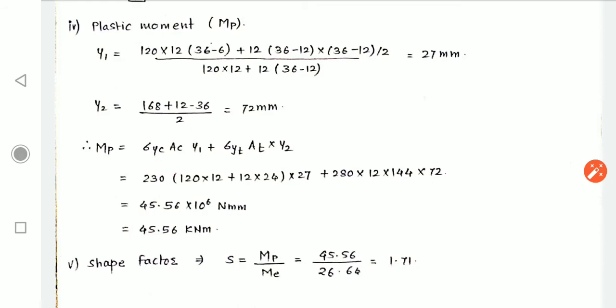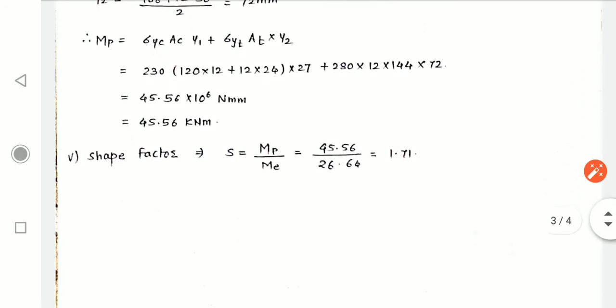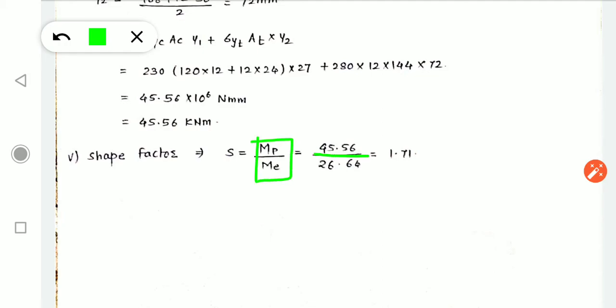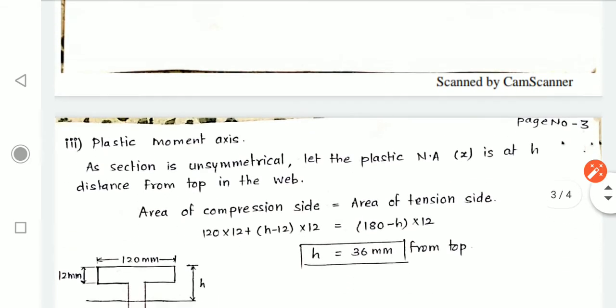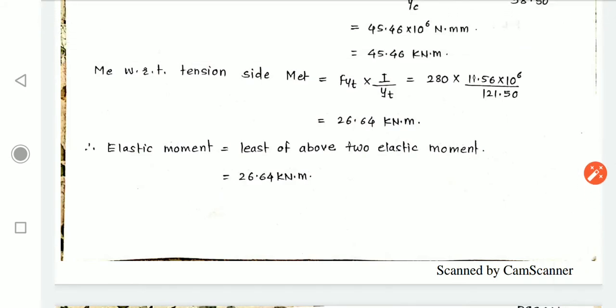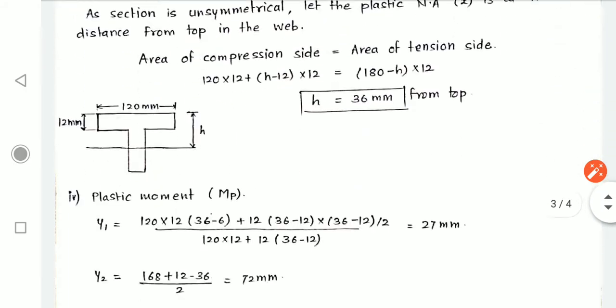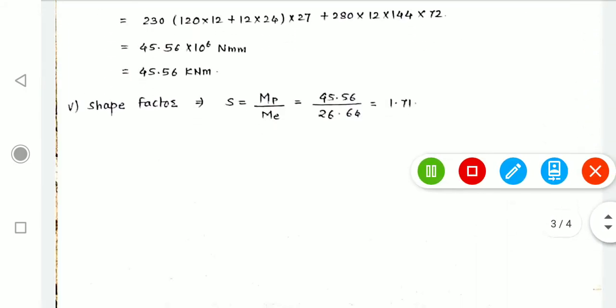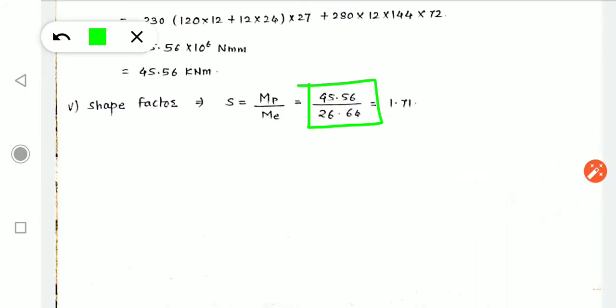Once you put all the values in the formula, you will get the shape factor as MP divided by ME. Put the values of MP, and ME is somewhere above, that is 26.64. So put the values and you will get a shape factor of 1.71.